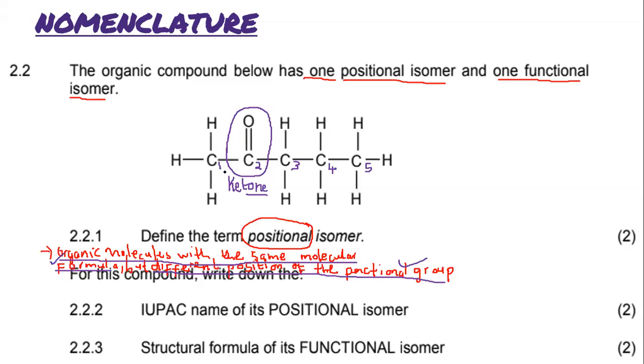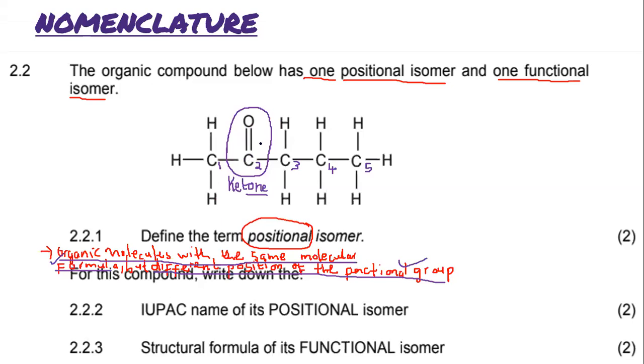Why did I number from left to right? Because according to IUPAC rules, the functional group takes priority and it must be on the lowest numbered carbon. So if I number from left to right, then this carbonyl group, which is the functional group, is on carbon 2.